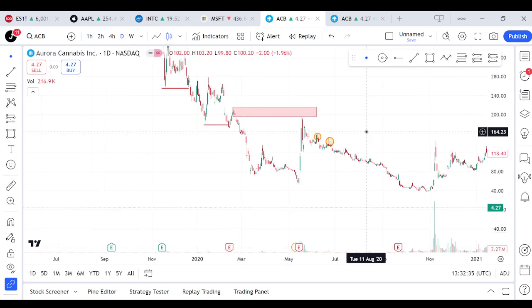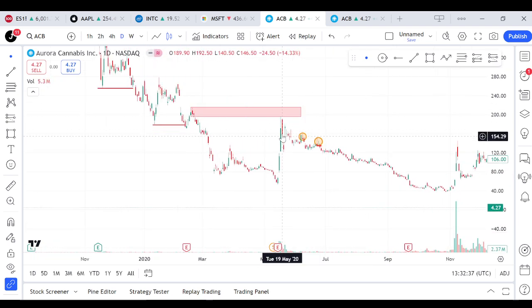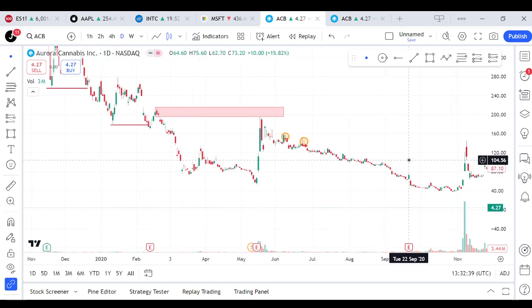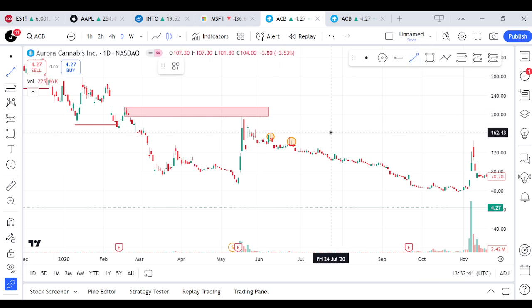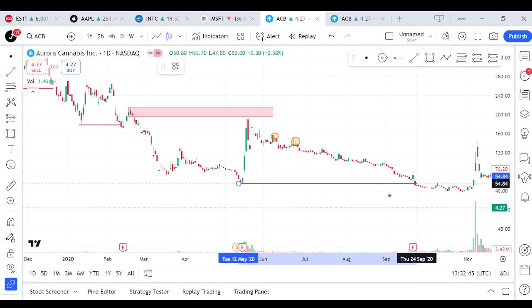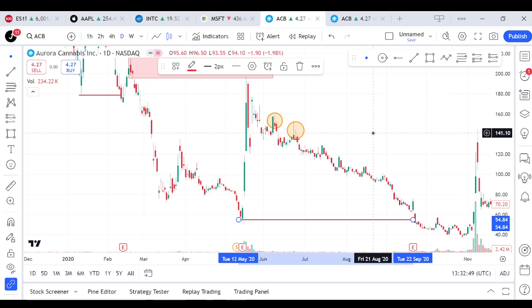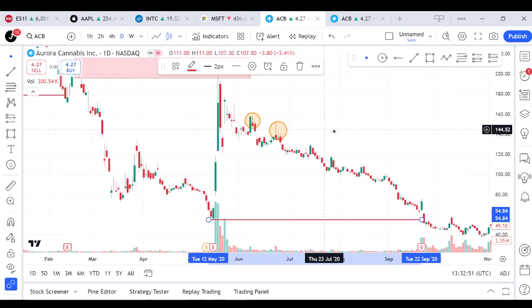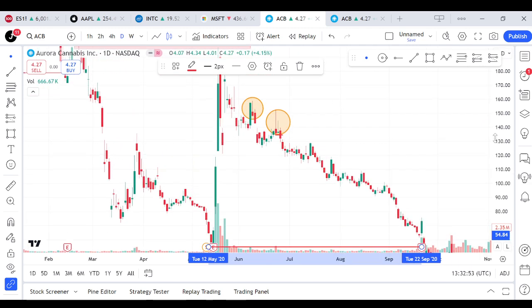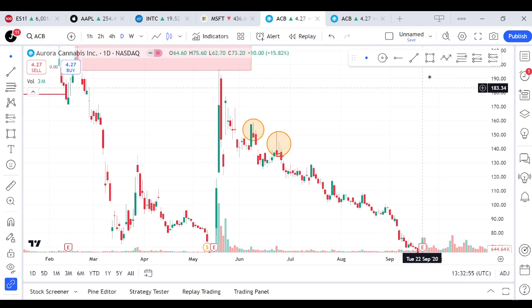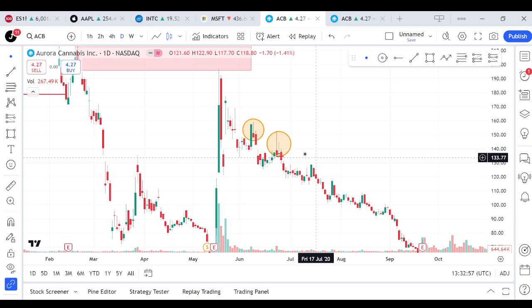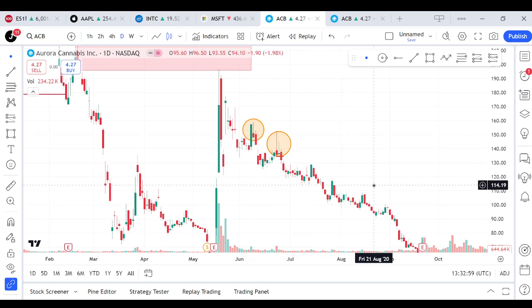You can see price tapping into that, giving us a nice reaction, confirming that we are indeed bearish and we should be looking to push to the downside and probably break this structure. Zooming in, you can see several bearish inverted hammers giving us confirmations to continue this downtrend which is currently at play.